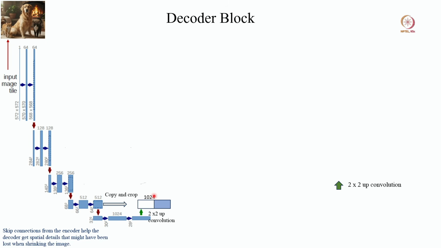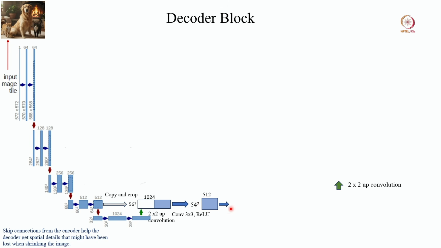The channel number in this block is 1024, same as the previous one. And as it is an up convolution, 28 cross 28 was my last output feature map size. It has become double, which is 56 cross 56. Then this block goes through a 3 cross 3 convolution, ReLU. This convolution layer has 512 filters and the output feature map from here is 54 into 54.